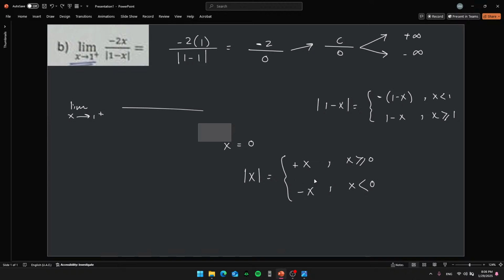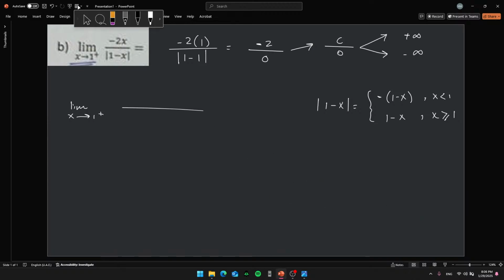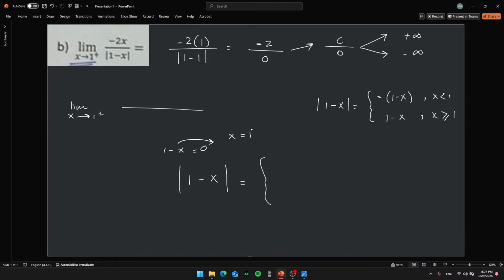Now similarly, in this case, 1 minus x, we have to equal the inner function with 0, so 1 minus x, move the x to the other side, so x equals 1. So at 1 the function will change.